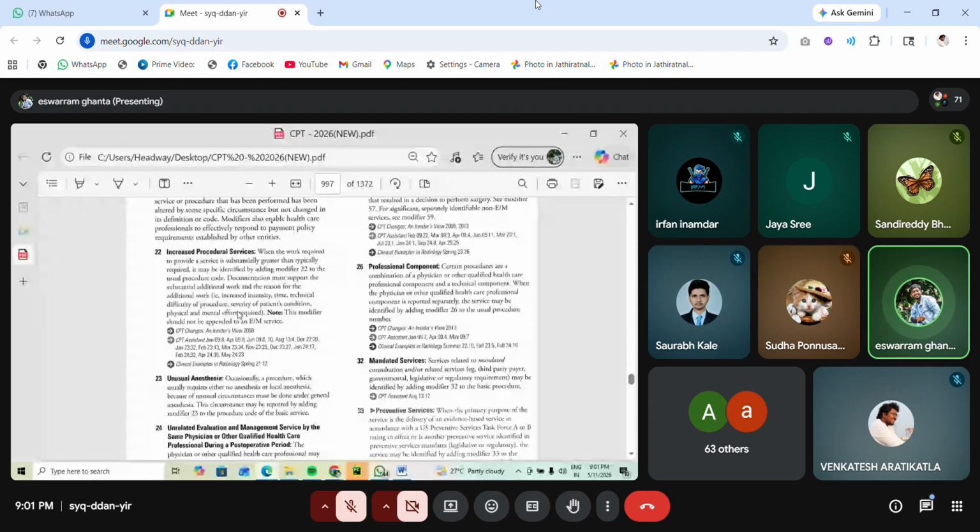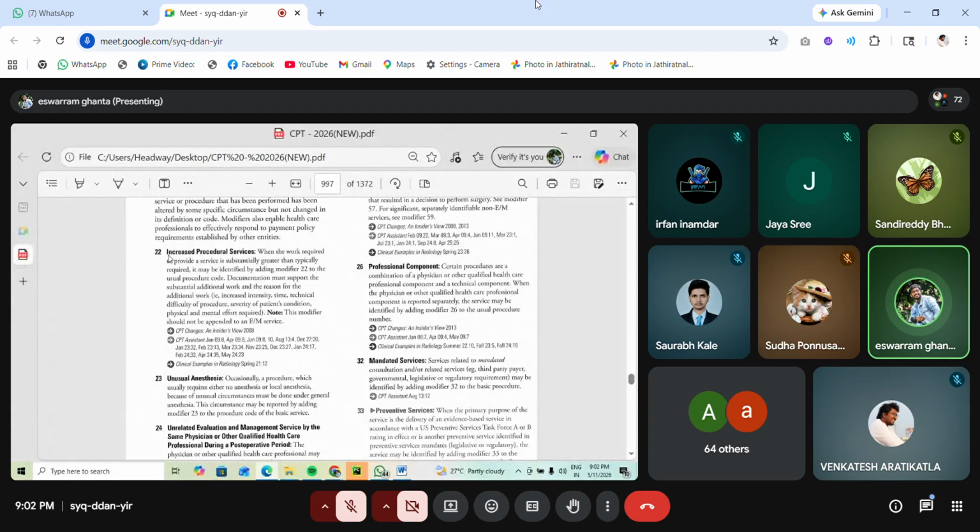Technical difficulty in the sense, if a normal appendectomy is there, but in that condition, unfortunately, the patient has stones in the gallbladder. Sometimes those two procedures are done at the same time also. In that scenario also, modifier 22 is most commonly used, that is increased procedural service.